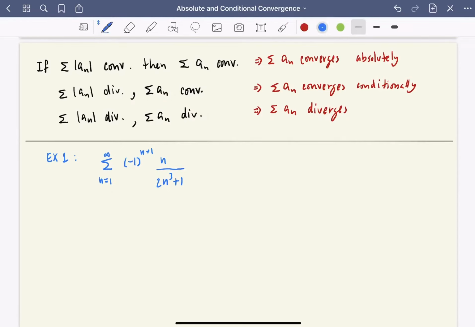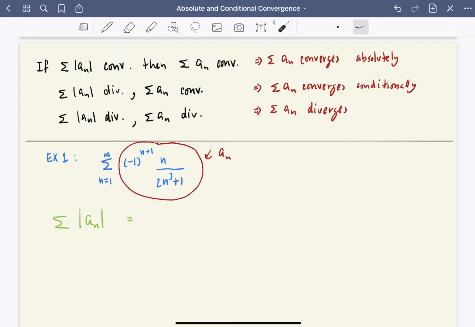Okay, we consider this example. So let's say this is our an. Okay, so let's consider the summation of the absolute value of an. What is this one?